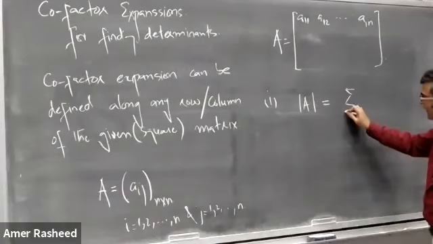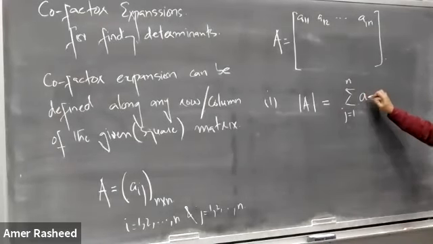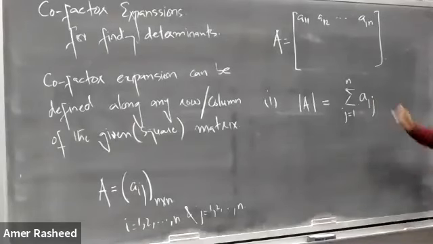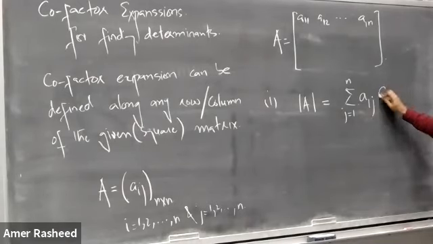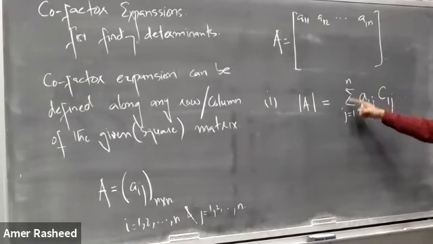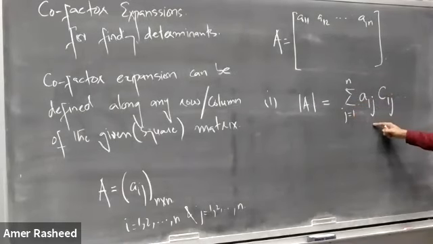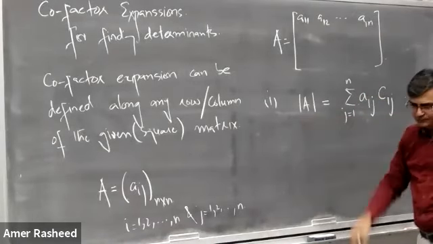So we say column j from 1 to n, A1j, because 1 remains constant, 1 is the row and j varies, times C1j. Okay, this is how we define the cofactor expansion along the first row, and this cofactor expansion will give us the determinant of the corresponding matrix.